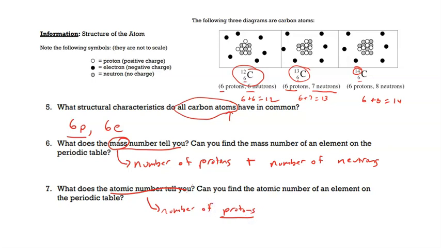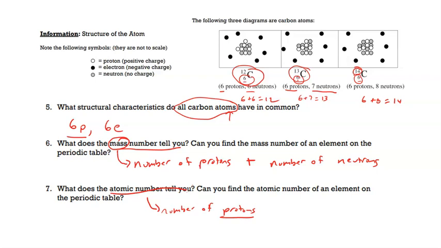So the atomic number, that little bottom number that we see down here, so that's 6 for carbon, or the 1 that we saw for hydrogen, tells you how many protons there are. And remember, the number of protons tells you the name of the element, or what type of element it is.